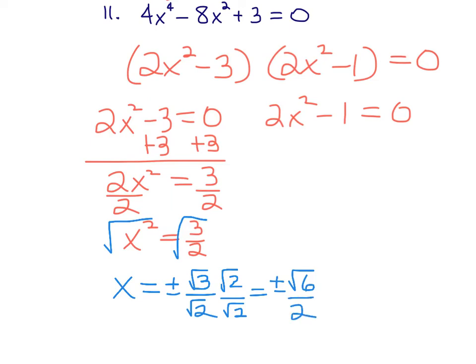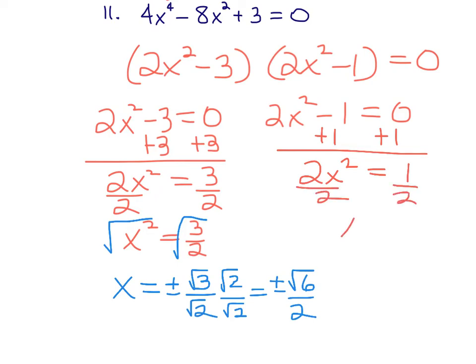Over here, I'm going to add the 1. 2x squared, divide by 2. X squared equals 1/2. Square root both sides. And I get x equals plus and minus square root of 1 over square root 2.